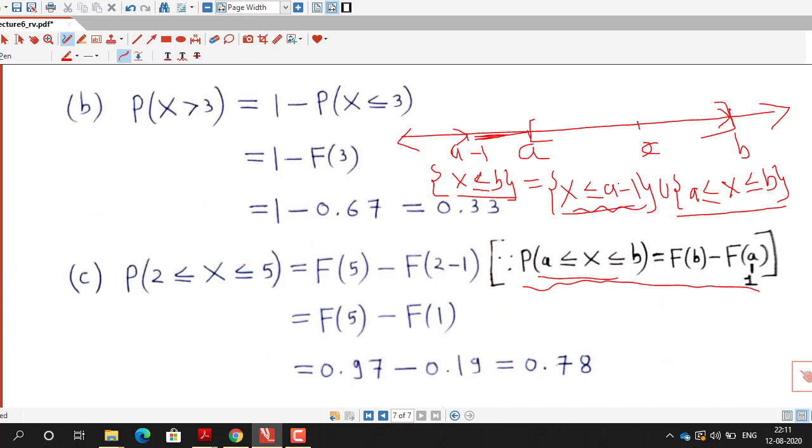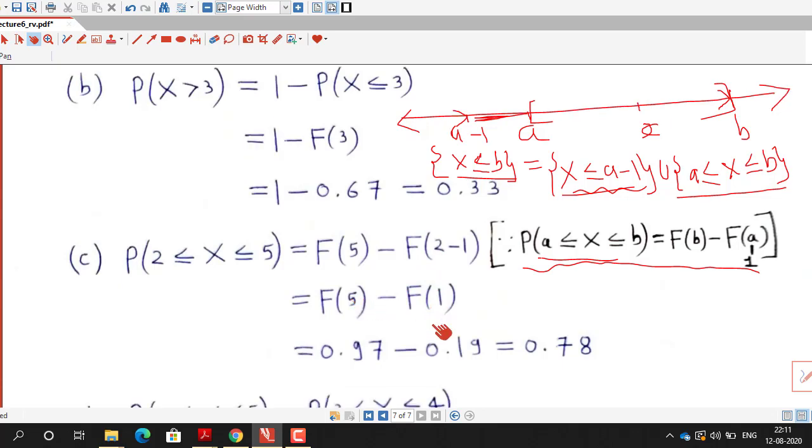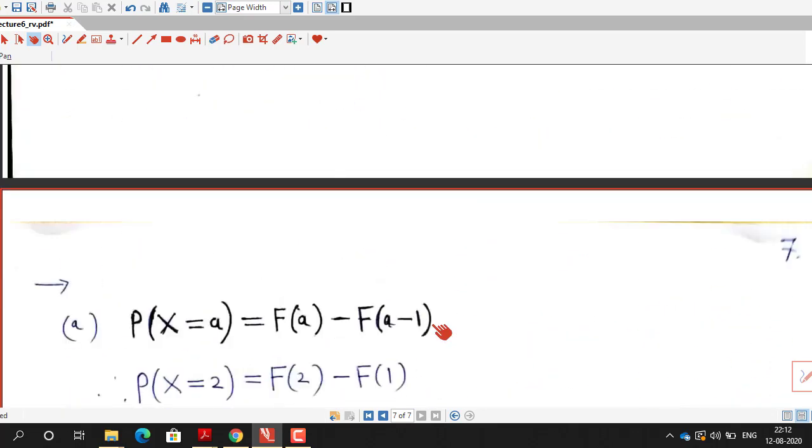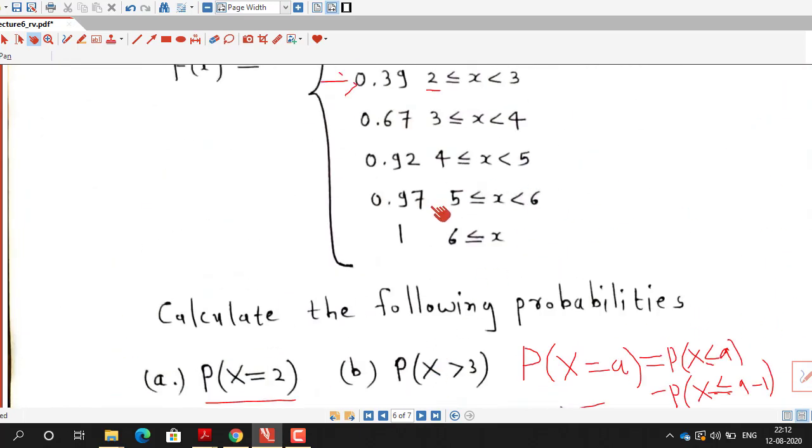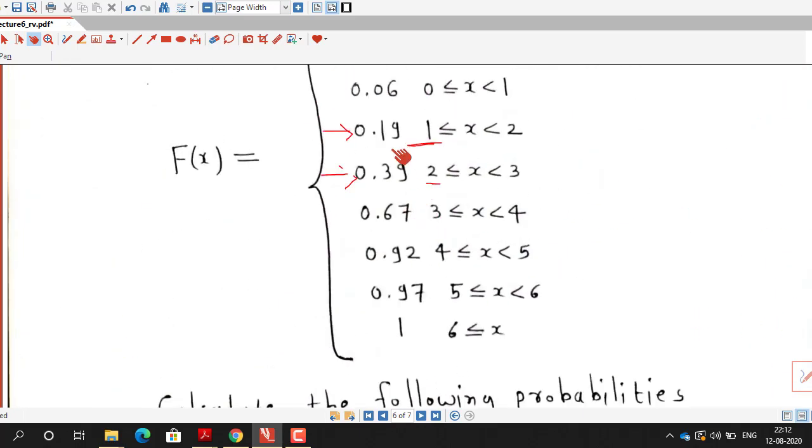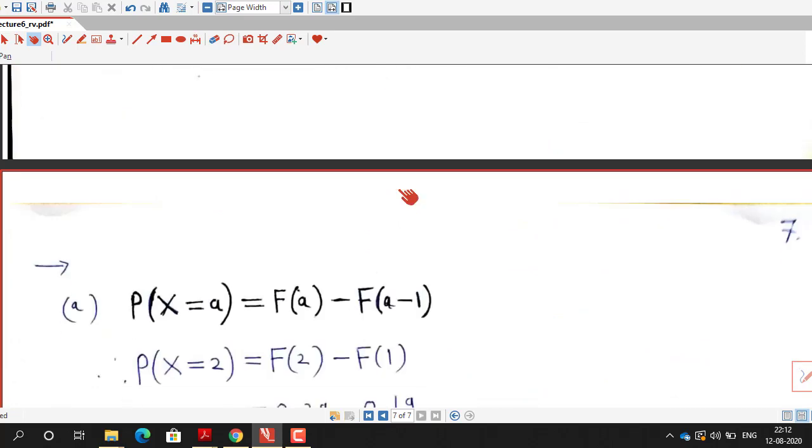Here it is x less than or equal to a minus 1, so we have to subtract at a minus 1. So using this logic, here if you compare, a is 2 and b is 5, so F of 5 minus we have to consider F of 2 minus 1. So it is F of 5 minus F of 1, and putting values of F of 5 and F of 1, F of 5 is 0.97, F of 1 is 0.19.